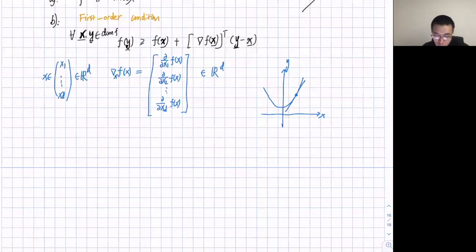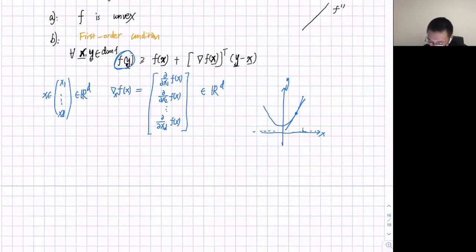So in a one-dimensional space, the first order condition says for any y, y can be anywhere here, the function value at y should be greater than or equal to the function value plus the gradient, or the derivative, times this length.